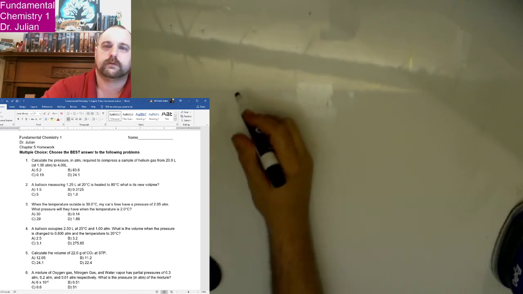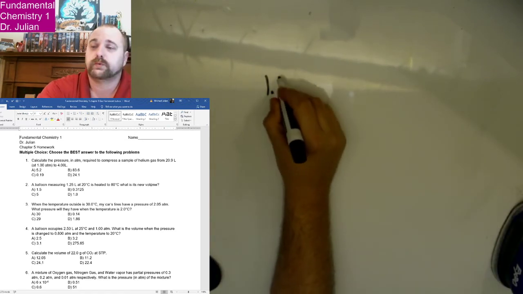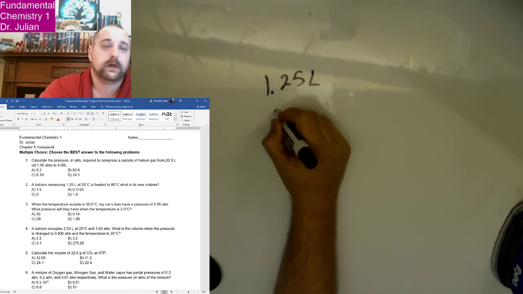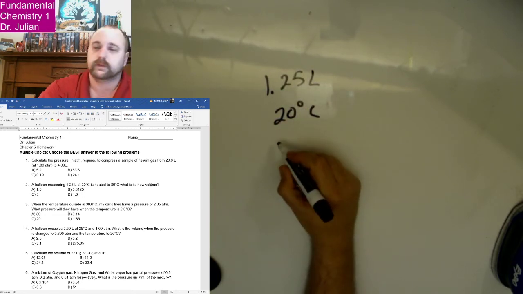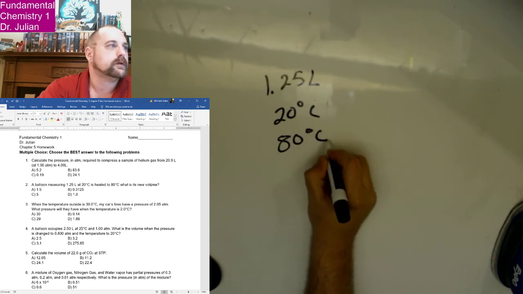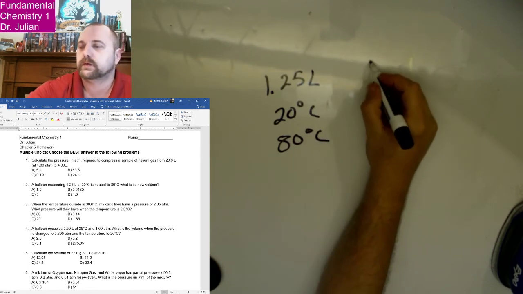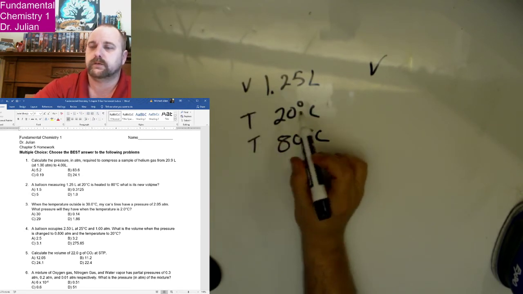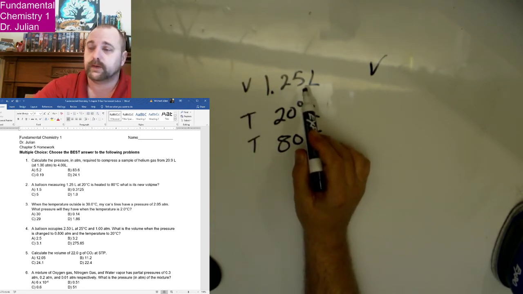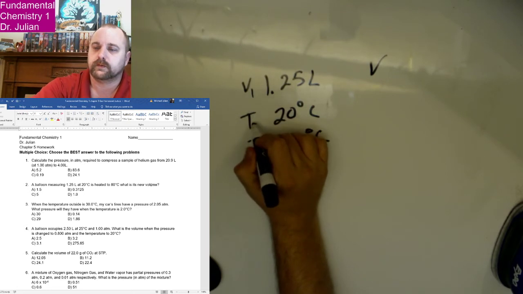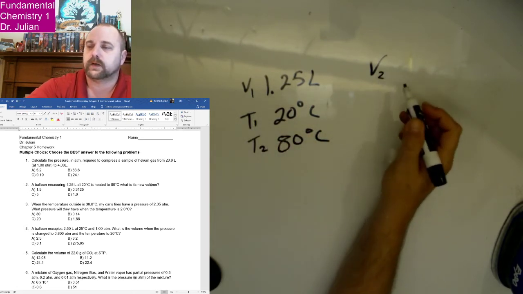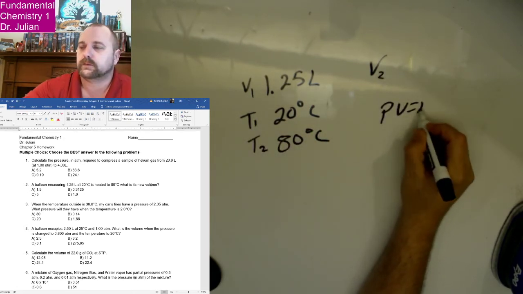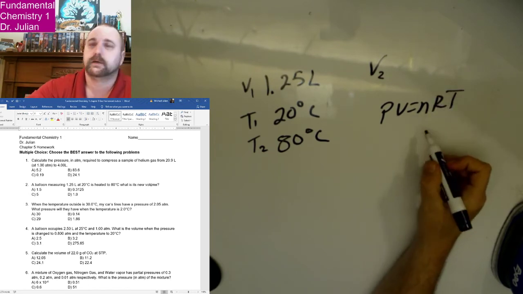Number 2 says 1.25 liters, 20 degrees Celsius, 80 degrees Celsius, and what is the new volume? So there's a volume and a temperature. 1.25 and the first temperature went together. PV equals nRT.